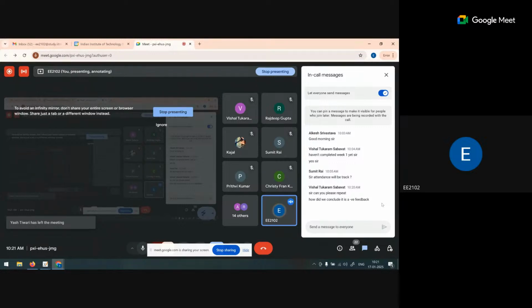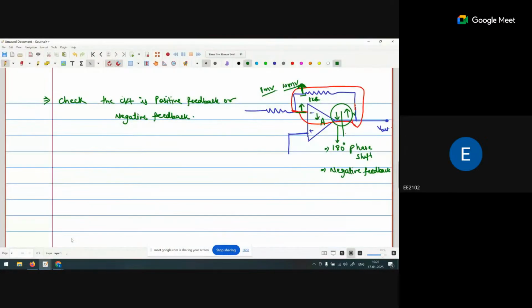Can you please repeat how we concluded it is negative? Okay. Like I just take one more circuit. Here I am not assigning which terminal it is.